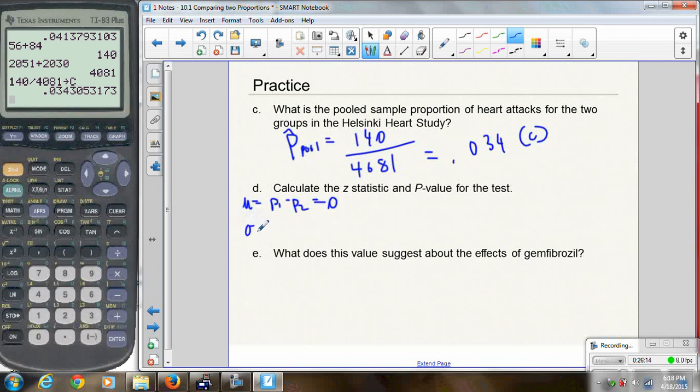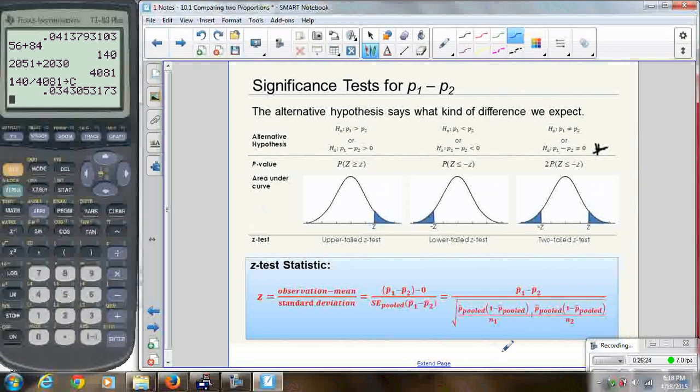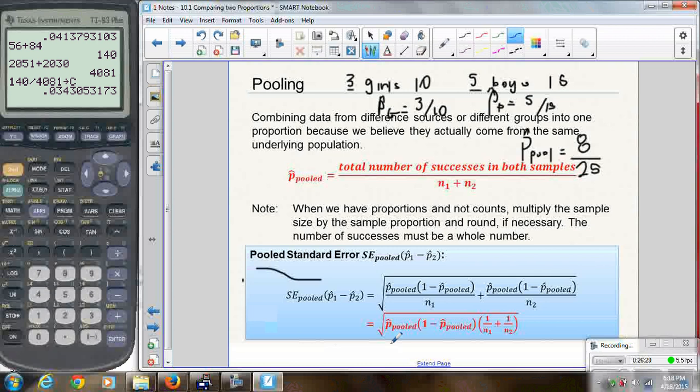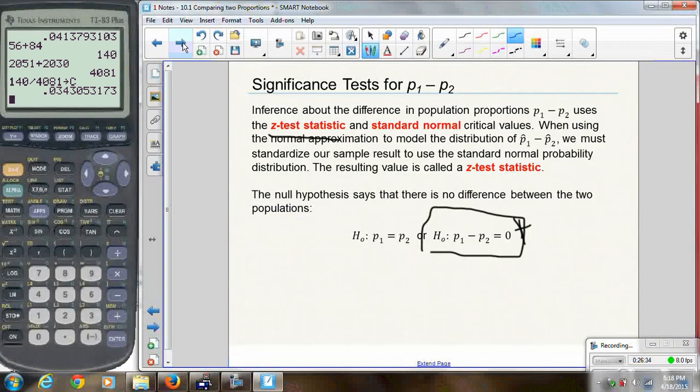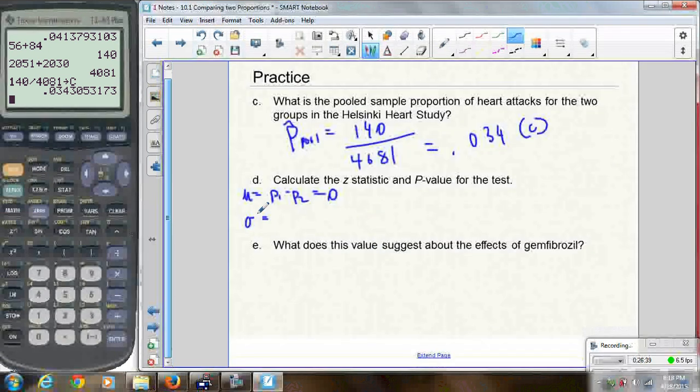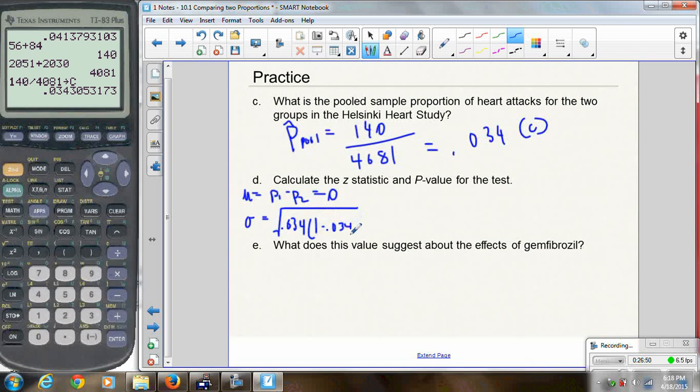The standard deviation, then, of the difference in the two proportions, this is where I'm now going to use my pooled p-value. And so this formula is basically, let's go back, is this formula right here. And so if I do it by hand, it's going to be 0.034 times the complement, 1 minus 0.034.